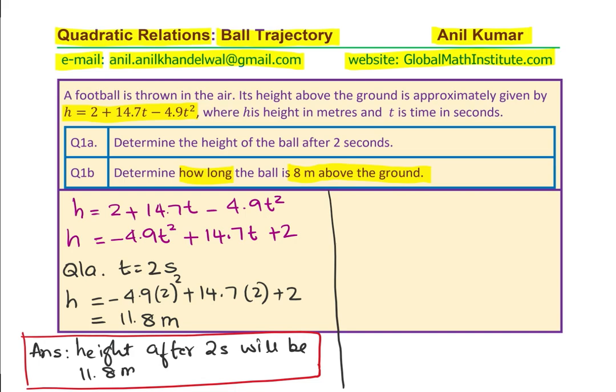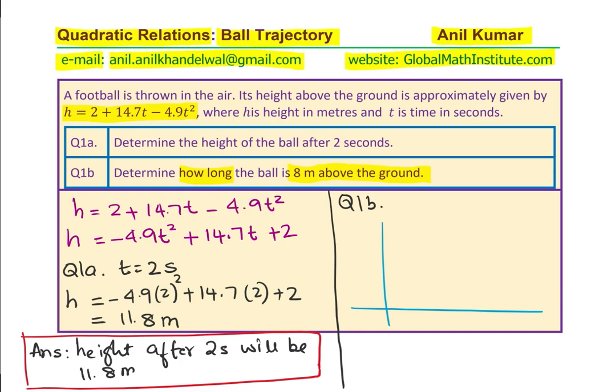Now let's look into part B, which is determine how long the ball is 8 meters above the ground. Let us try to understand part B of this question. We'll solve it on the next page. If you look at the trajectory, you can always sketch it like this.